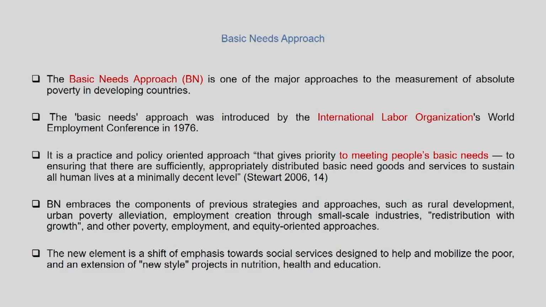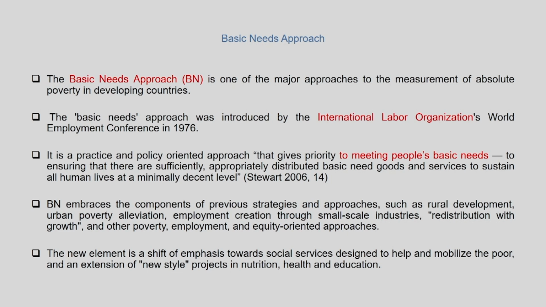In terms of the writings of Francis Stewart, he says that the basic needs approach basically gives priority to meeting people's basic needs, to ensuring that there are sufficiently appropriately distributed basic needs goods and services to sustain all human lives at a minimally decent level.